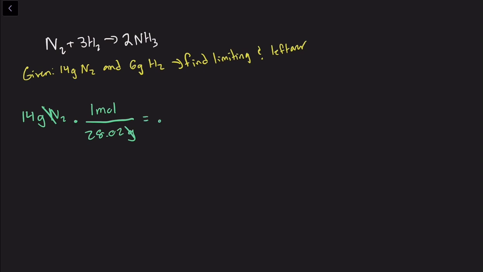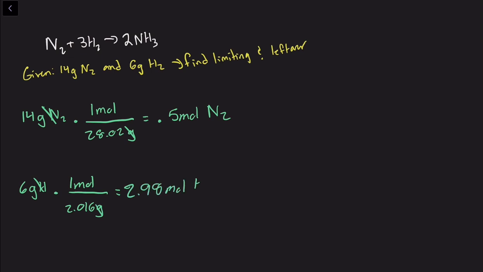We end up with 0.5 moles of nitrogen. For our hydrogen, we're going to do our 6 grams times our molar mass, so 1 mole over 2.016 grams, and we're left with 2.98 moles of our hydrogen gas.